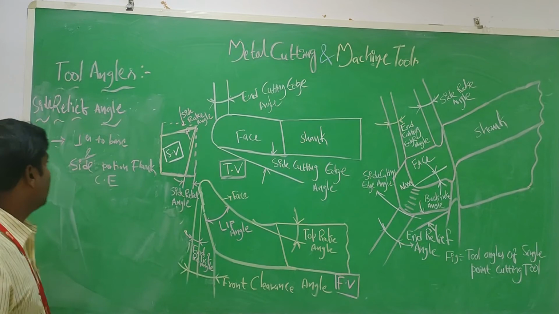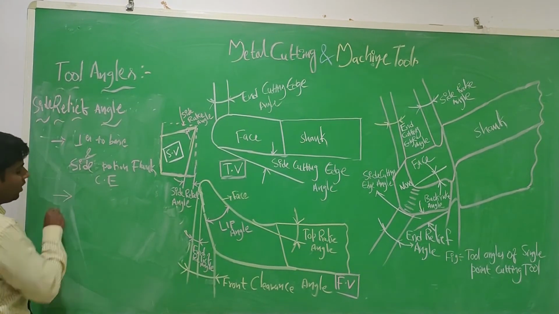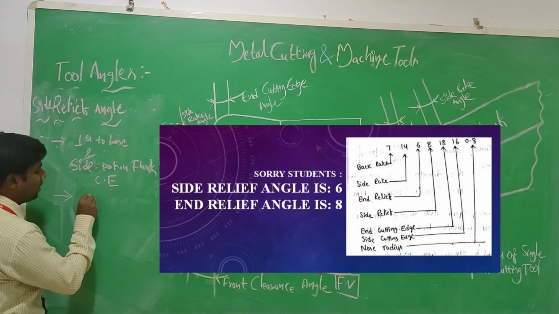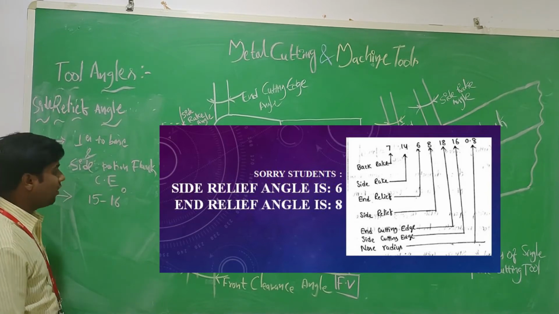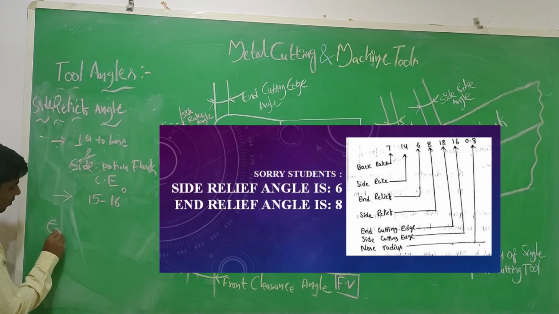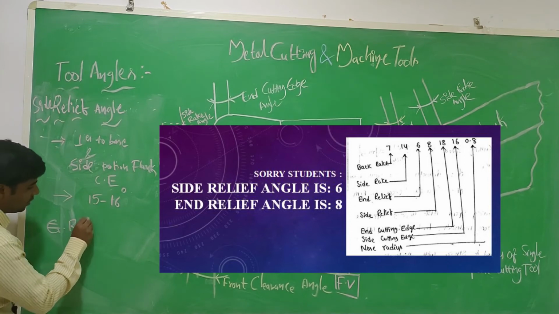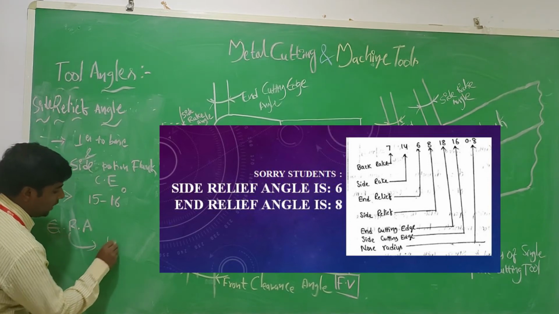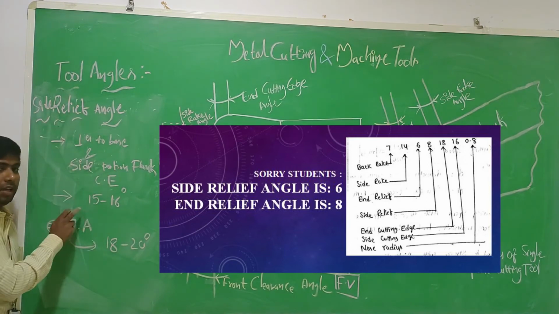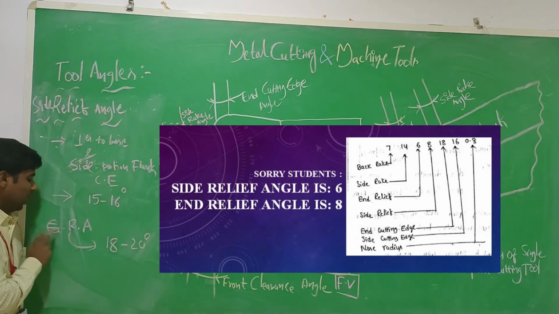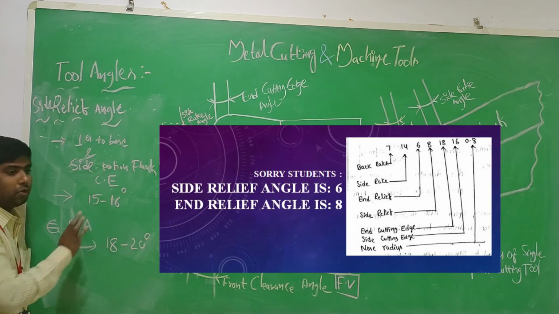The value of the side relief angle varies from 15 to 16 degrees, but the end relief angle values go up to 18 to 20 degrees.